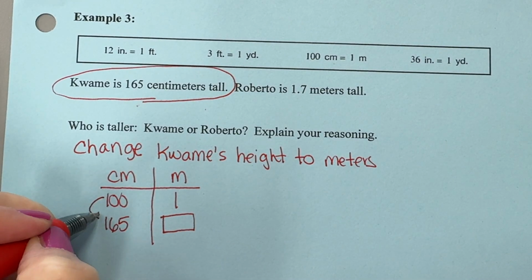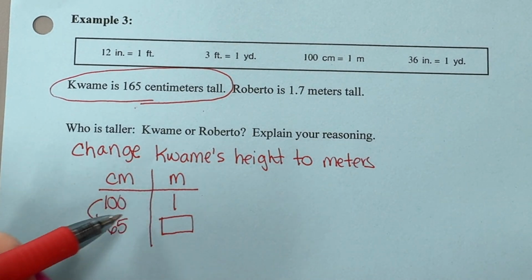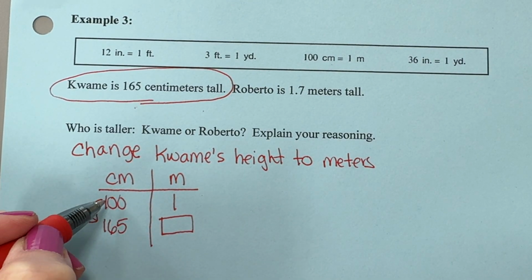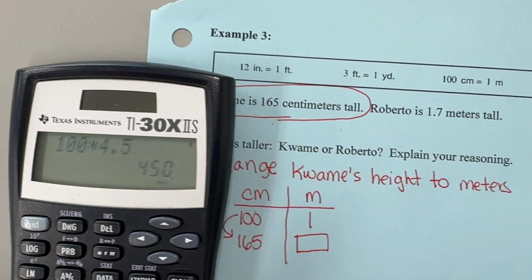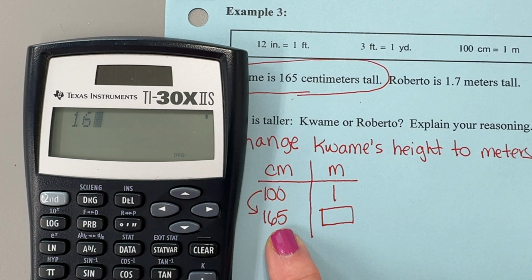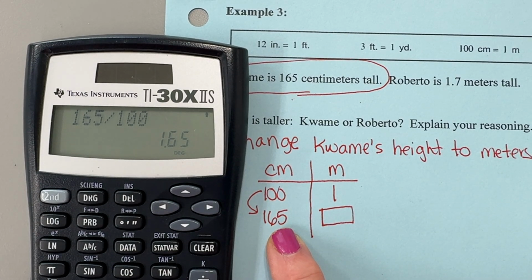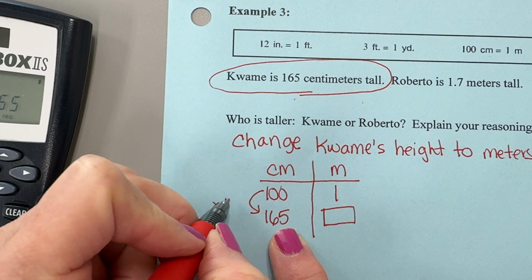It's not quite as easy to see my multiplier. So we know we can go backwards. If we divide 165 by 100, let's do that. So if I take, clear this, 165 divided by 100, I get 1.65. So this is times 1.65.